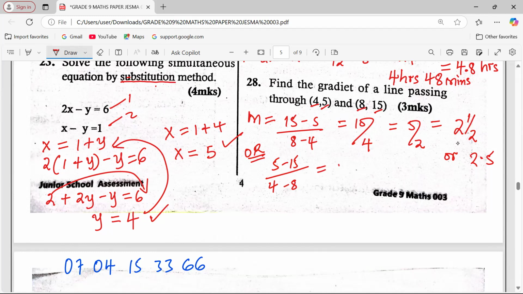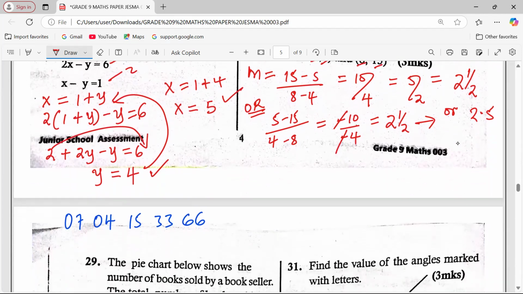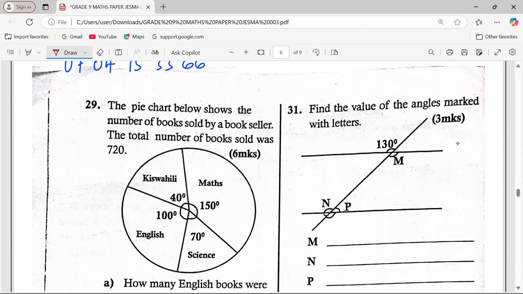At the end of the day, we will have -10 out of -4, and the negatives will cancel. 10/4 is going to be 2.5, equivalent to what we had previously. So that is how we're supposed to work out a question like that.